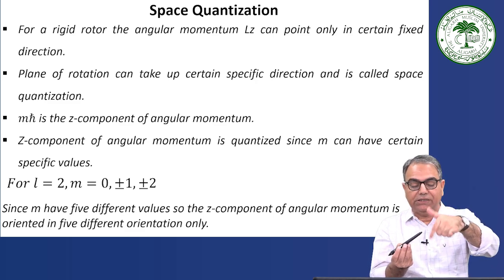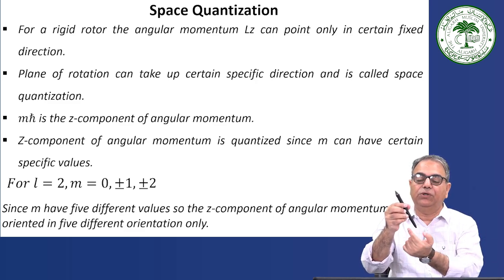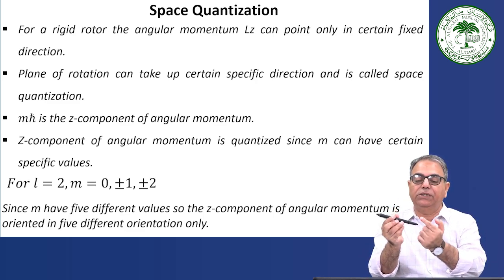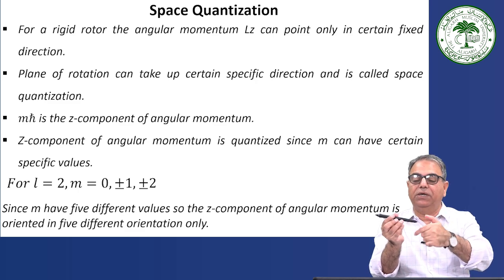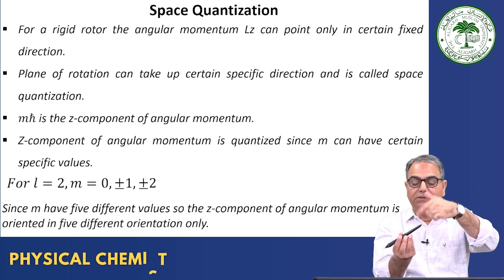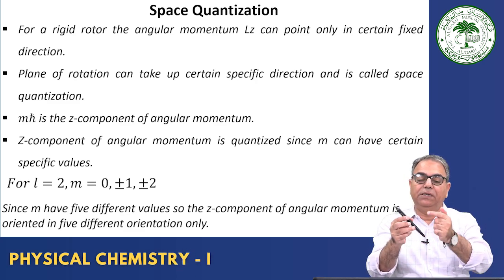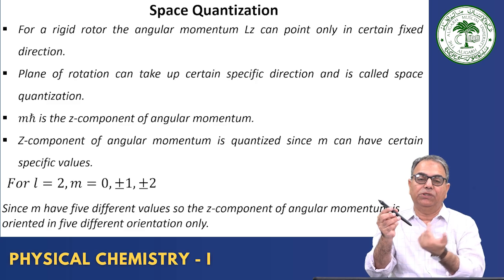So the rotation in space is changing, not only the component. With respect to the z axis, this rotation has this z component, and this rotation has this z component. So what does it mean? That all kinds of rotation are not possible.